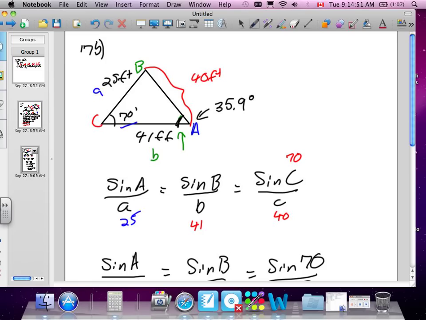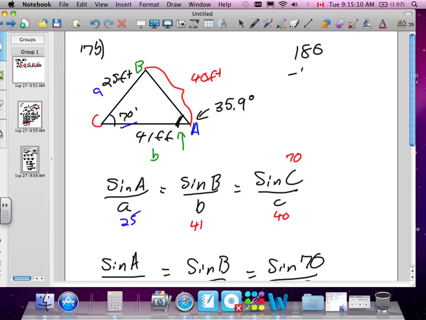35.9 degrees. So I started with cosine law to find the side. Once I had the information, I could use sine law. And finally, what if I wanted to find the last missing variable of this triangle? What am I looking for? B. What? Side or angle? Angle. How can I find that quickly?